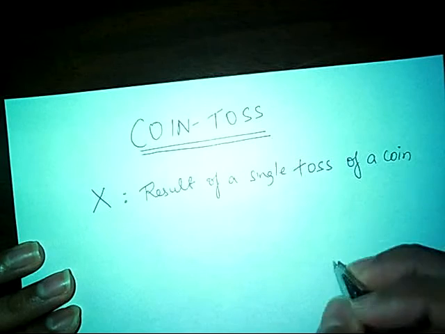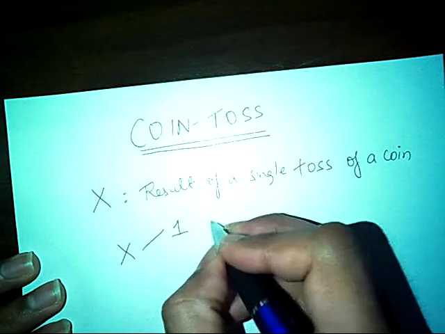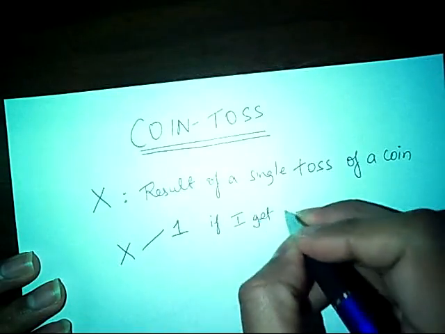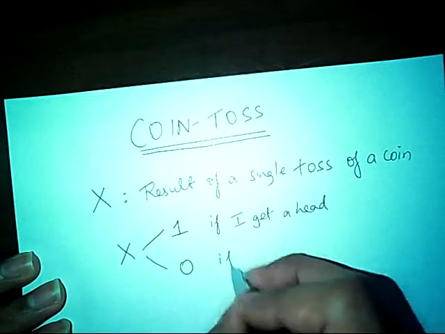My random variable x would take the value 1 if I get a head, and a value 0 if I get a tail.